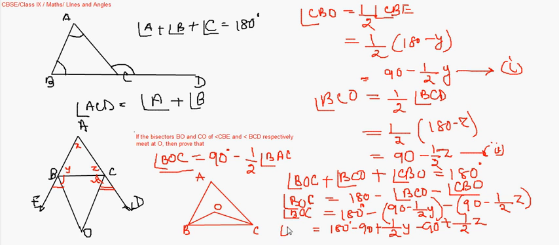Now BOC can also be written as, this is getting cancelled. Oh, I need some more space. I move on to the other screen. So BOC will be half of Y plus half of Z. I write it here: BOC will be half of Y plus Z.